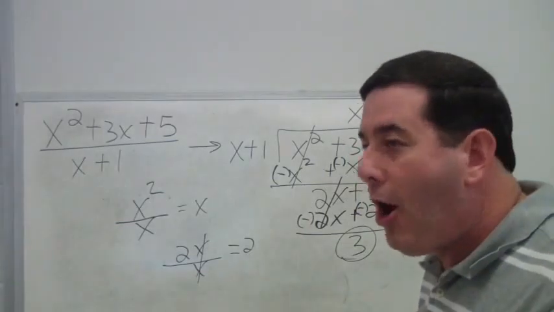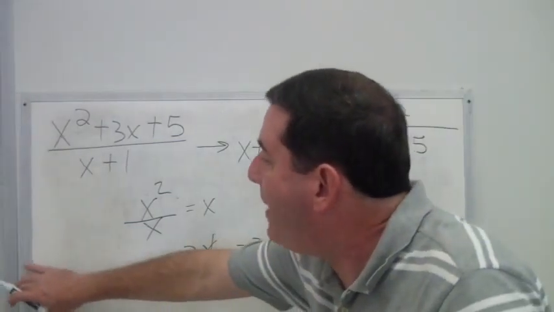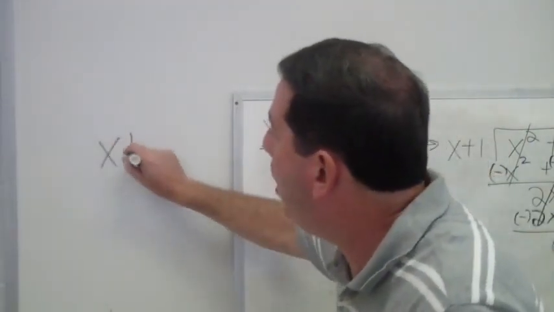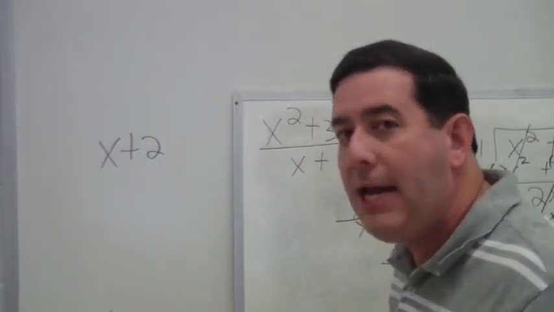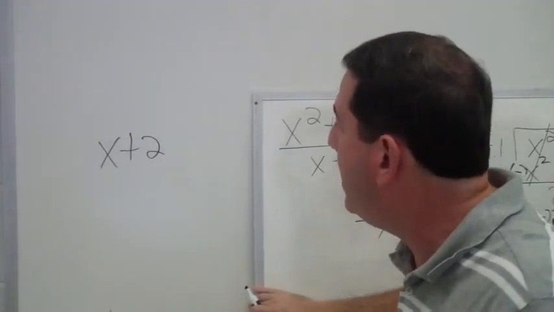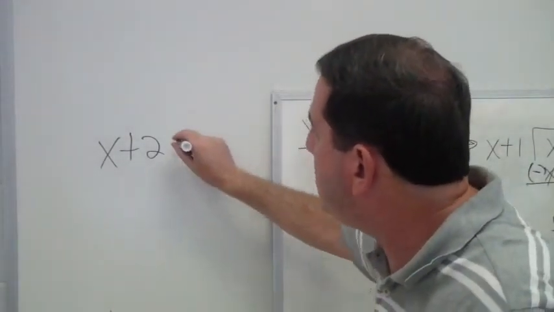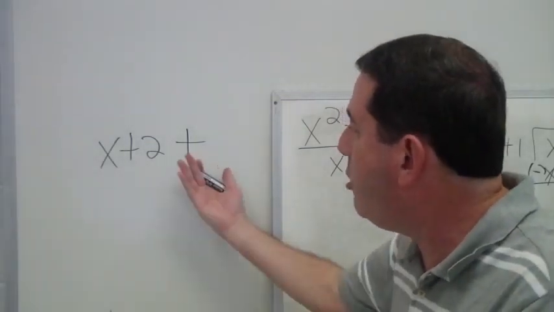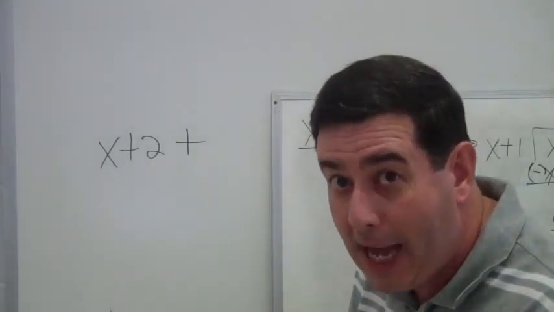How will we write our answer when we have that remainder of 3? We'll take the quotient, what was on top of our box, and write it first, x plus 2. Then we'll always put a plus sign next to separate the constant value from the fraction that is going to be behind it.